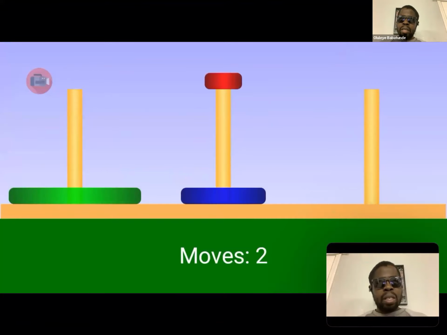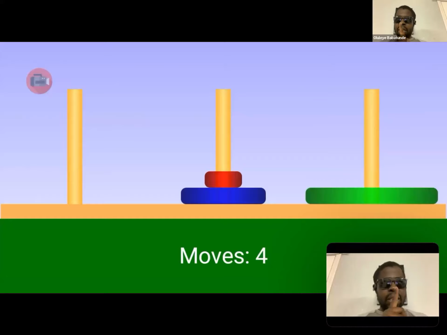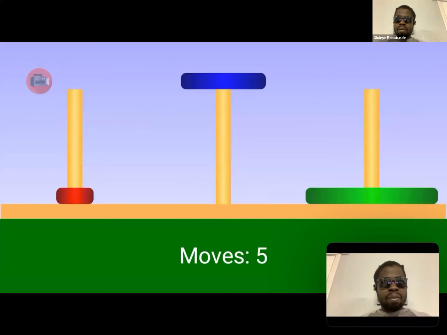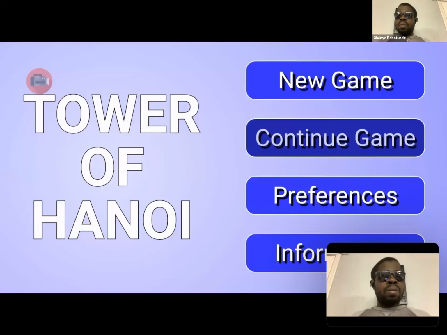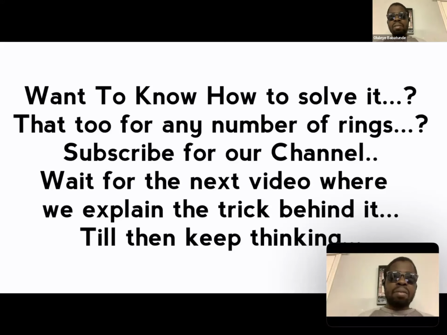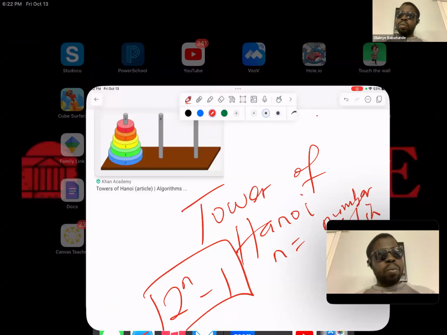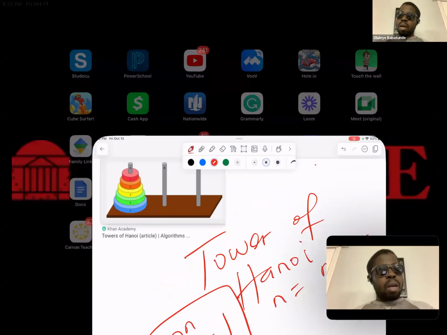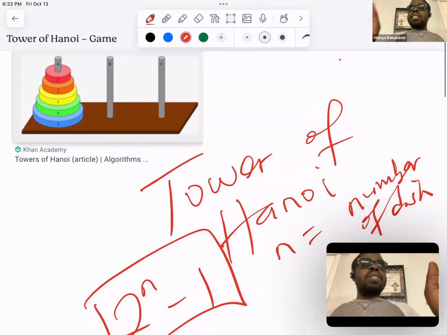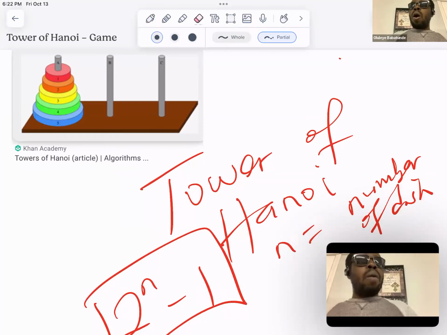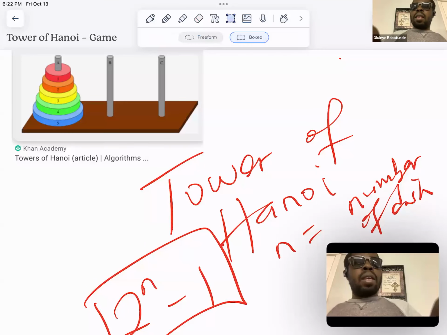Look at the way the disc is being moved, one disc at a time. Okay, now you've seen the nature of the game.